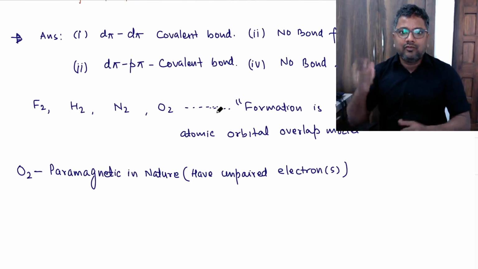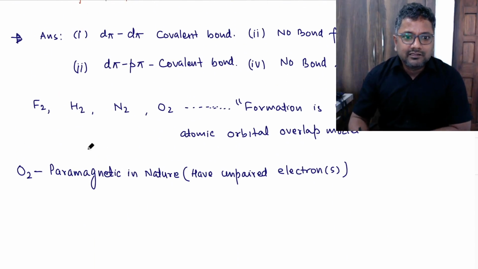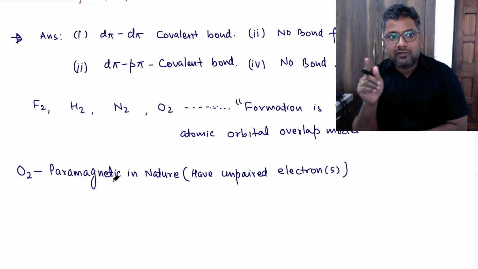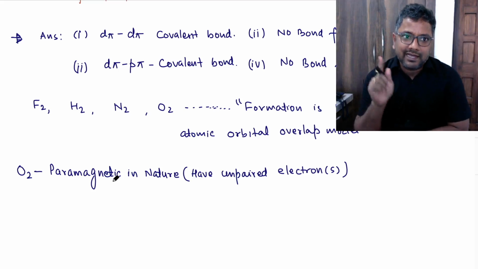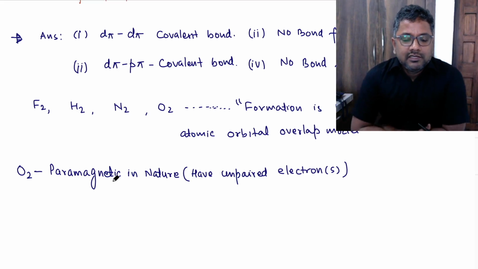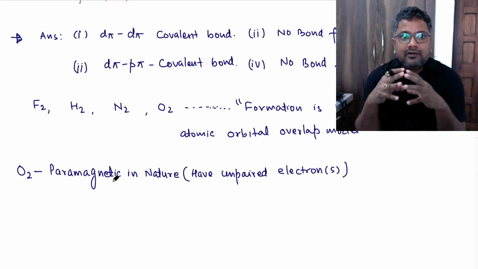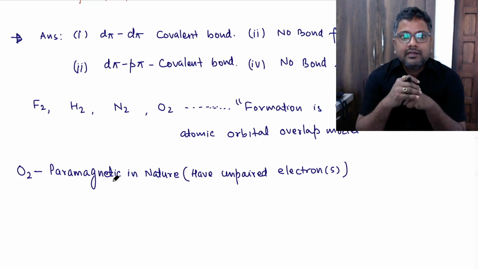Although the next theory I am going to discuss is also not able to explain the formation of the O2 molecule, ultimately when I discuss molecular orbital theory, only that theory can explain this behavior of the oxygen molecule. The magnetic behavior of molecules is a very important property of matter, and it is not explained by valence bond theory or hybridization.